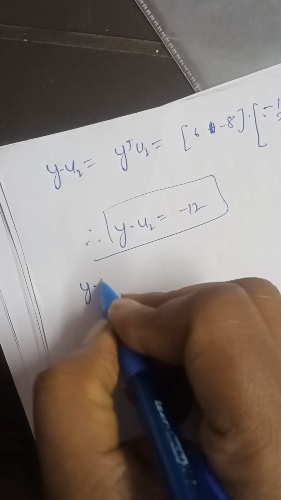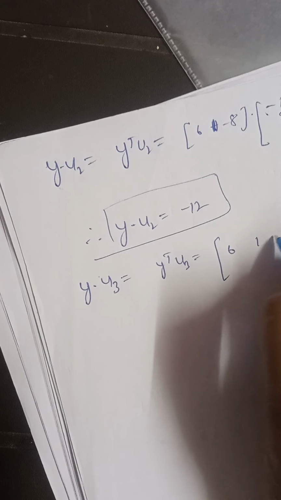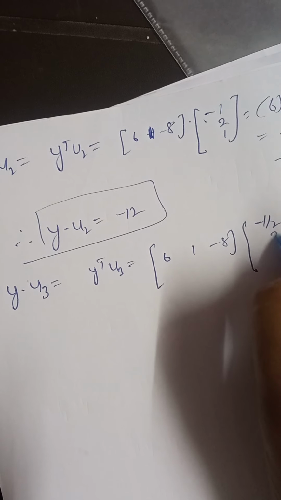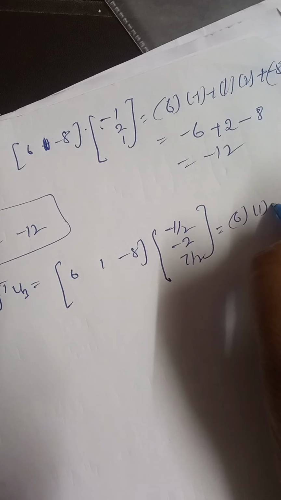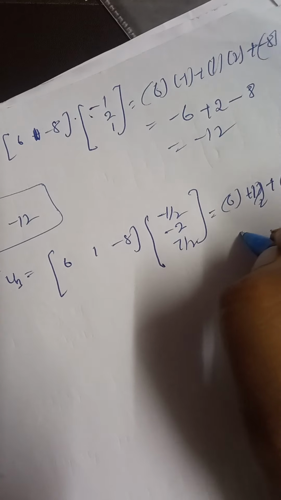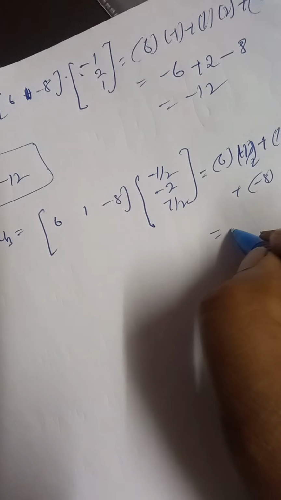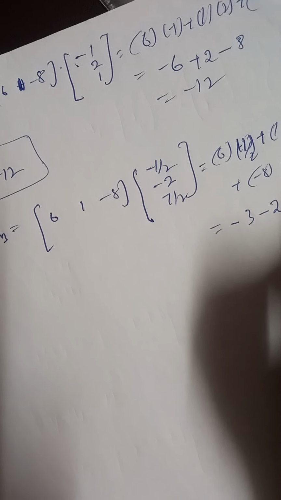Next one is y dot u3. How to find out? y transpose u3, that is 6, 1, minus 8. u3 is minus 1 by 2, 2, minus 1 by 2, minus 2, 7 by 2. Inner product is 6 into 1 plus 6 into minus 1 by 2 plus 1 into minus 2 plus minus 8 into 7 by 2, which is 6 into minus 1 by 2 is minus 3, 1 into minus 2 is minus 2, next minus 56 by 2.